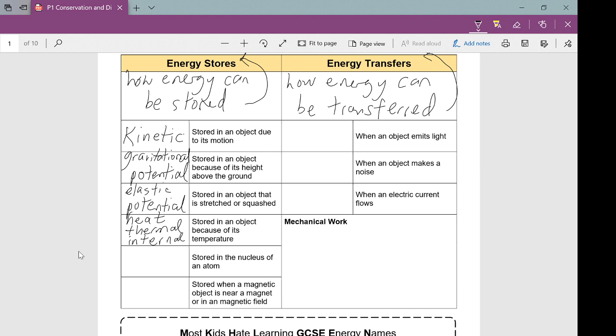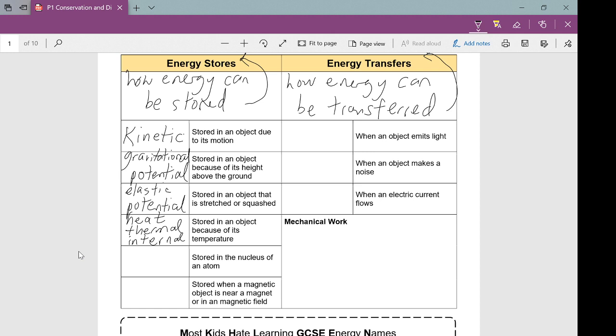Internal. The reason why internal is one of them is because internal energy is stored within an object. Same goes with heat energy and thermal energy. It's like, okay, how much heat energy is within this object? And then we can call that internal energy because it's inside that object. It's due to the particles inside. We're going to go into internal energy in a bit more detail in another topic. But right now, just be concerned about the idea that we can have three names for this one thing.